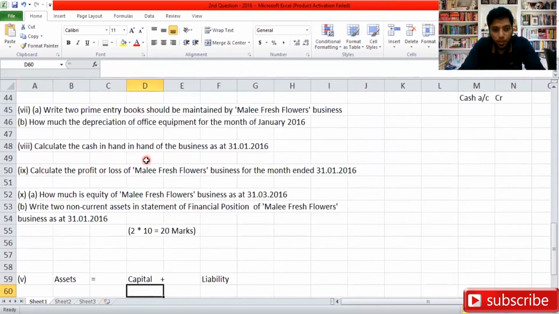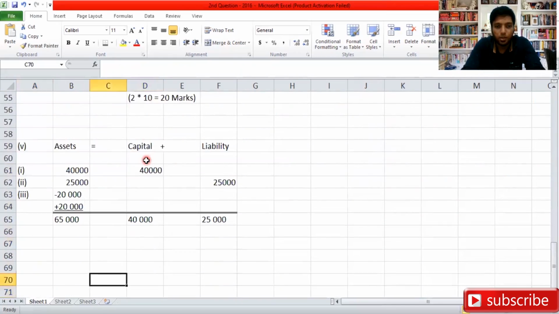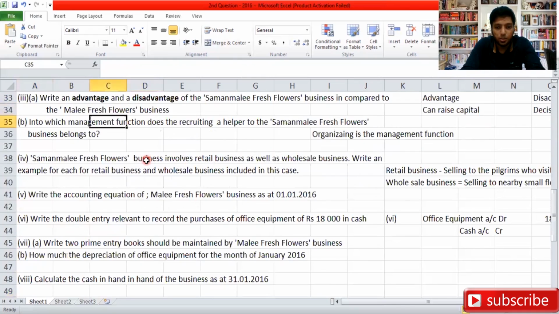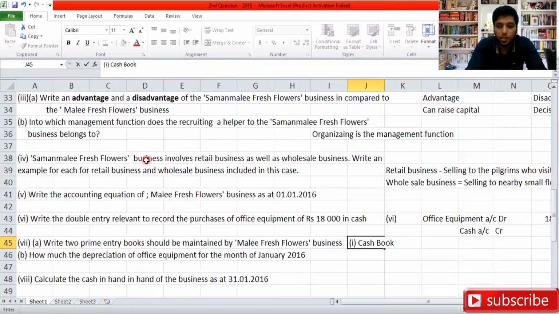So I'll take adjustment number 6, 7A. You can write the primary books: Roman number 1, cash book. Second thing, general journal. Why general journal?